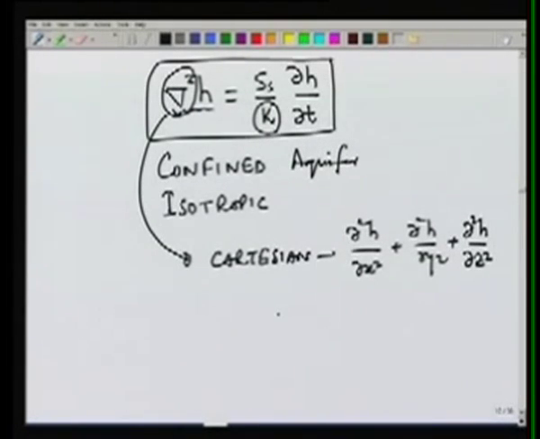And if you have some flow situation where you have radial and axisymmetric flow, so symmetric means that theta will not be coming into the equation.